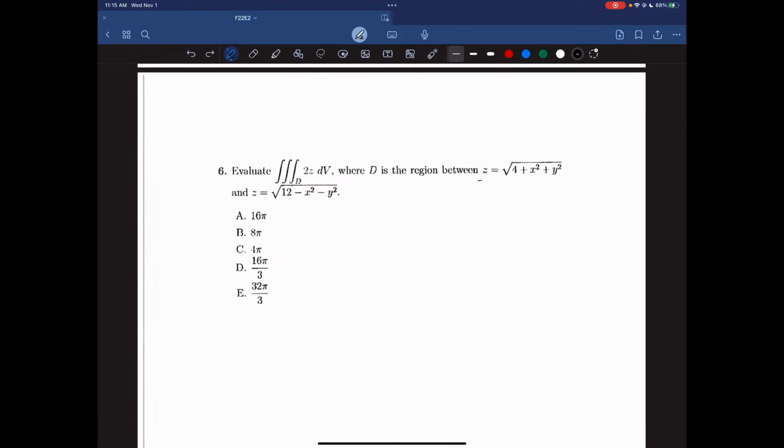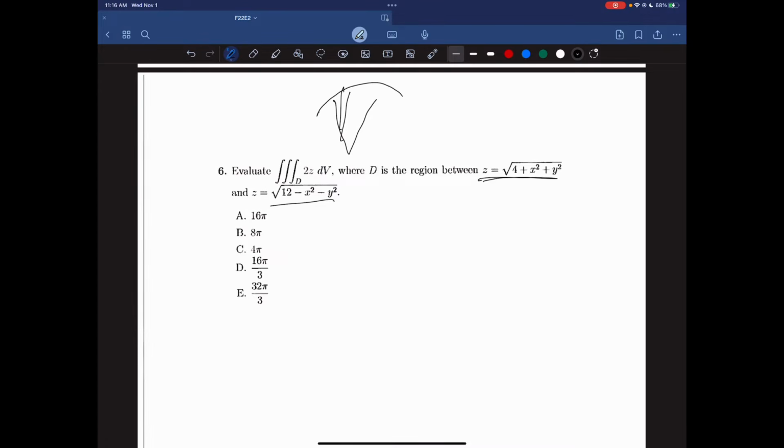If you just look at the shape, we know it's going to be some sort of cone. It might be a little shifted up, but that doesn't really matter for our use case. And looking at the other one, that's just going to be the top half of a sphere. So it's kind of going to be an ice cream cone.